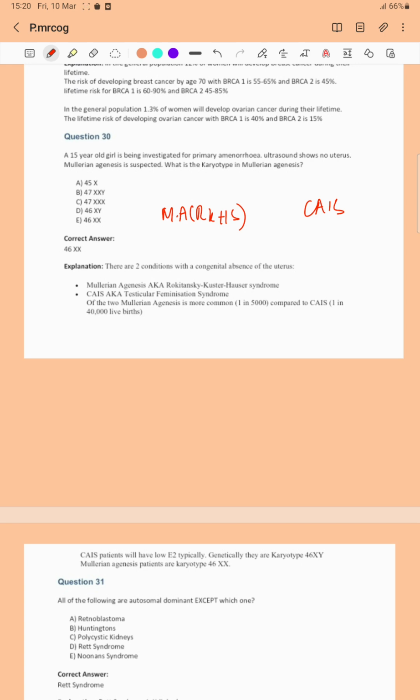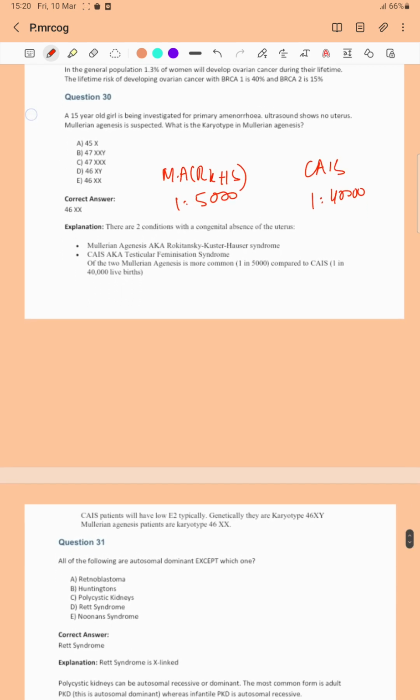Among these two, Mullerian agenesis is more common because it occurs in 1 in 5,000 live births, compared to CAIS, which is 1 in 40,000 live births. So CAIS will typically have low E2 and karyotype 46XY. Mullerian agenesis patients are 46XX. So 46XX will be the answer.